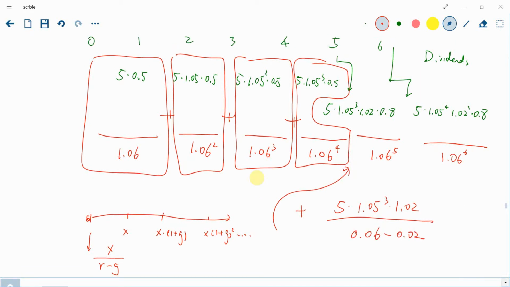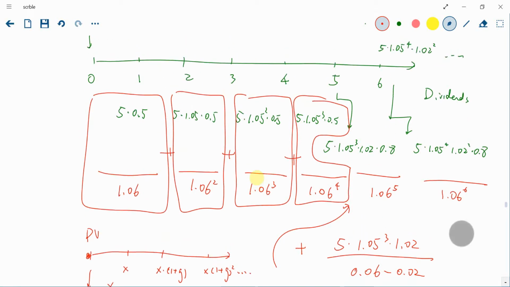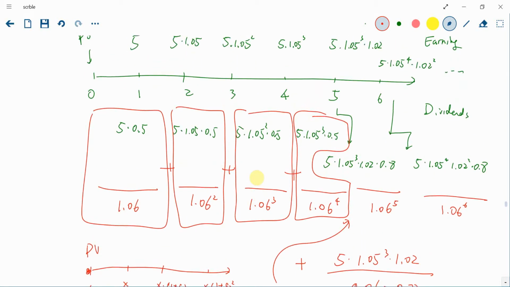Remember, this formula gives you the present value of all these x's and g's at one period prior to the first x. So the first x here is 5. Sorry, I forgot the 0.8. So this is our x, this is our x times 1 plus g.